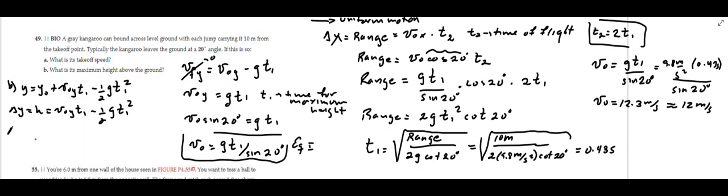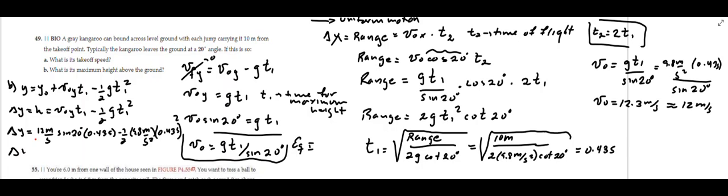So when I substitute, I get that delta y is equal to 12 meters per second, the y component, so times sine of 20 degrees, times the time, that is 0.43 seconds, minus 1 over 2 times 9.8 meters per second square times 0.43 seconds square.